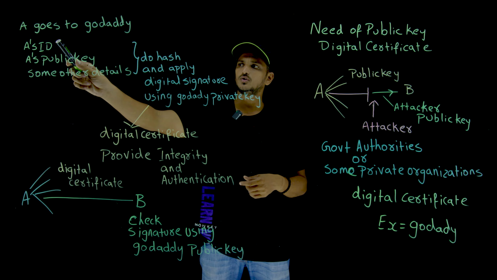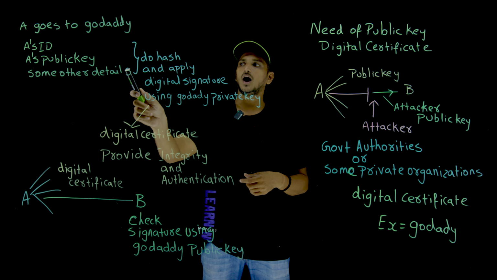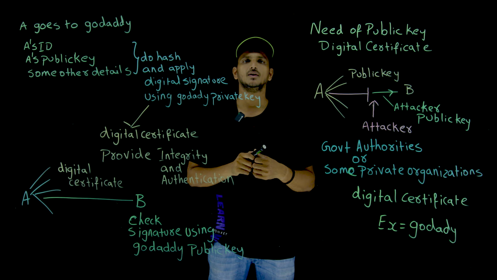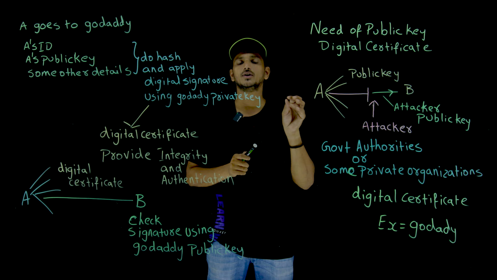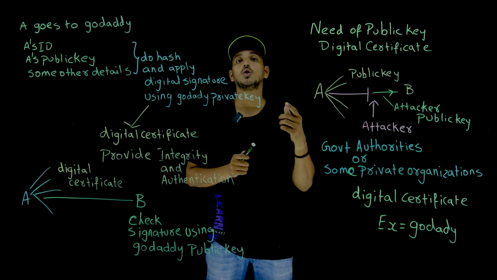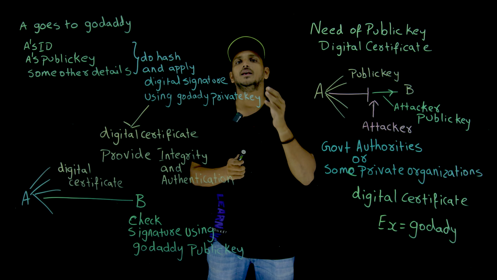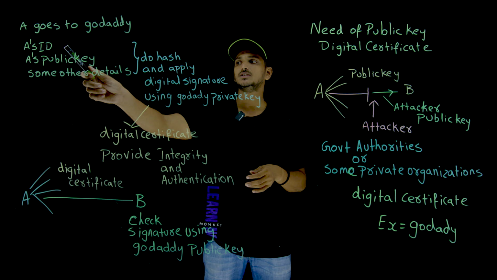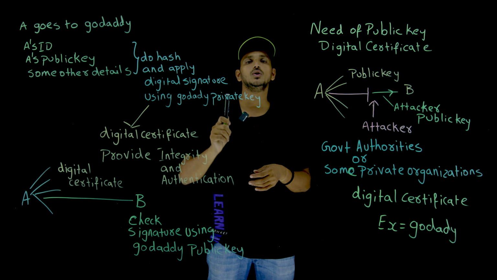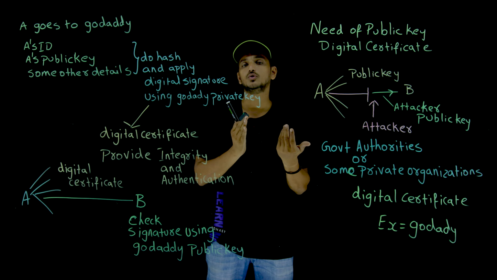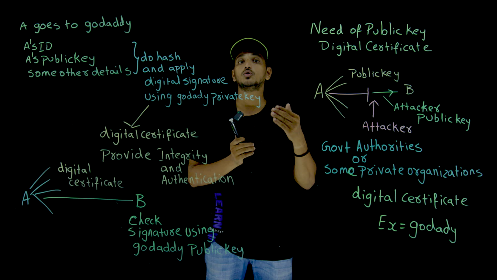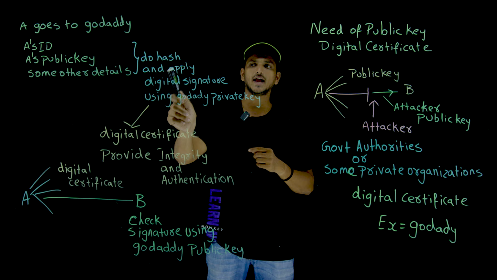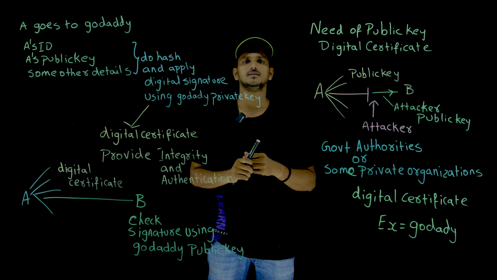So GoDaddy is going to take all these details. On these details, he is going to apply a hash function. Why are we applying a hash function? In order to provide integrity. Meaning if someone changed this data, the hash value is going to change. In order to provide integrity, hashing is applied, and on that hash, a digital signature is applied.